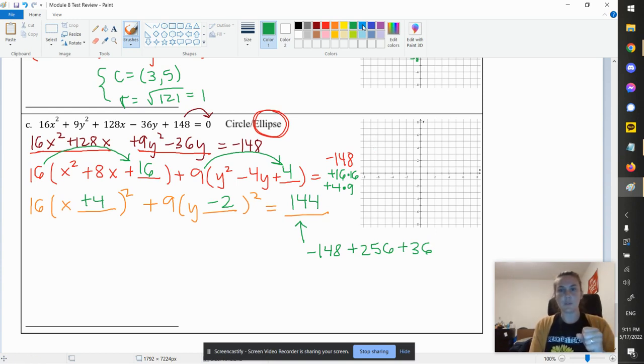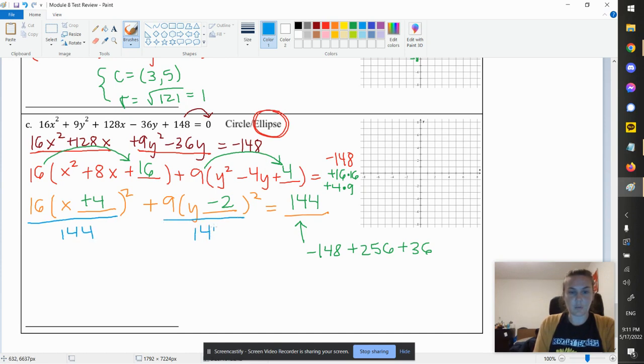Nice. We're so close. By that I mean there's like a couple more steps. Now, if this were a circle, we'd be finished, but it's not. We want to get rid of this, and we want to get rid of this in the top. But more importantly, we want this to be a 1 since it's an ellipse. So we're going to divide every single part by 144. 144 over 144 is 1.